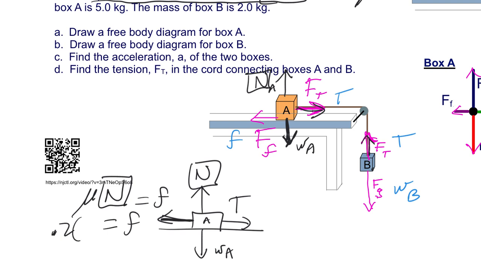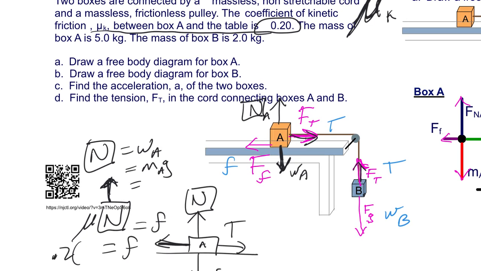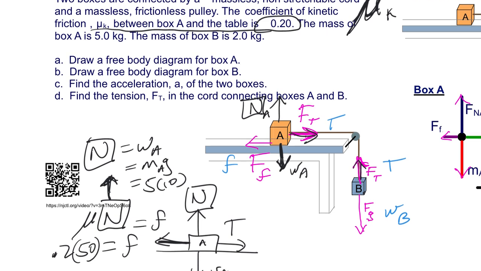Here, let's write that. The normal force of the block is weight A, equals mg, which would equal the mass of block A, 5, times 10 for g. So this would be 0.2 times 50.